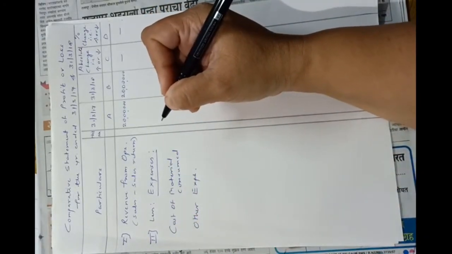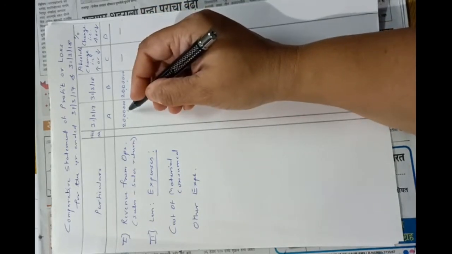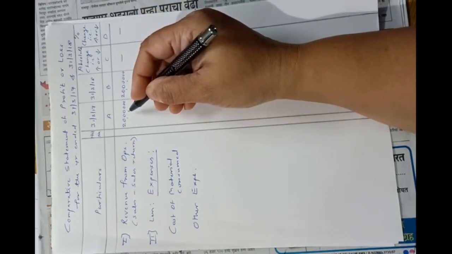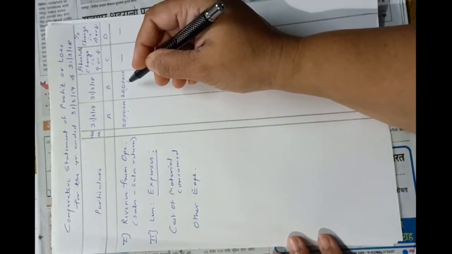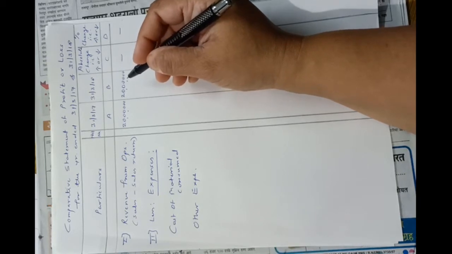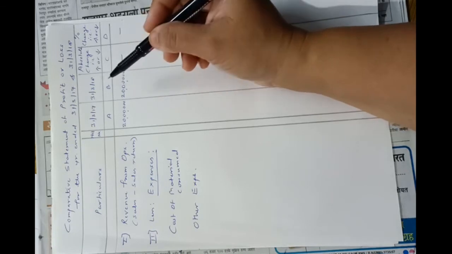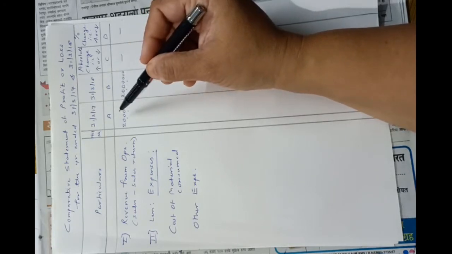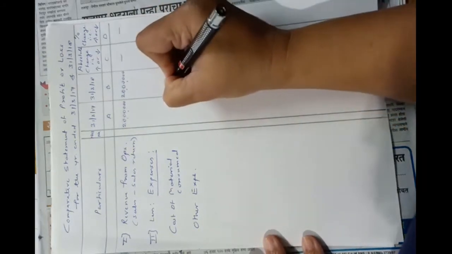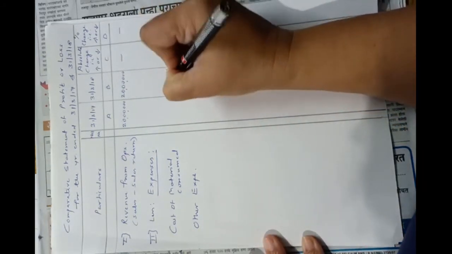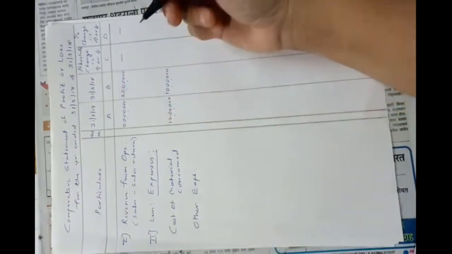Cost of material consumed 50% of revenue from operations, 50% of this is 10 lakhs and 50% of this is 10 lakhs. Okay, sorry, 60% is given. For 18 it is 50% and for 17 it is 60%. Okay, so for 18 it will be 10 lakhs as we have discussed earlier, and this is 12 lakhs, 60% of 20 lakhs.